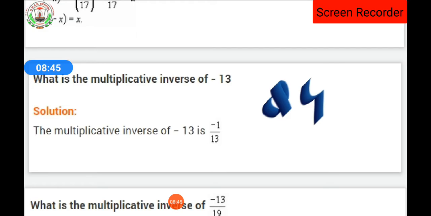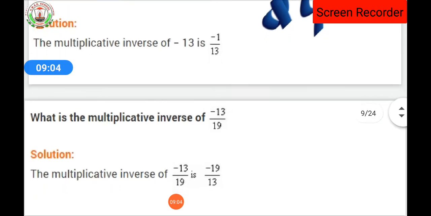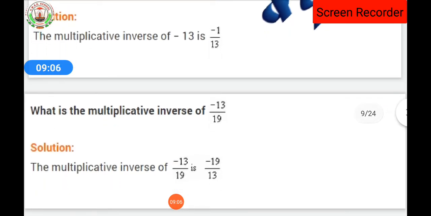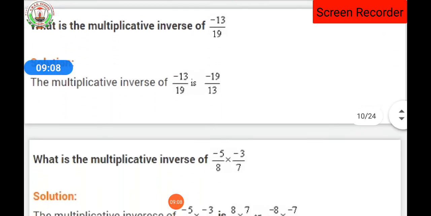That is the reciprocal, and that is also known as the multiplicative inverse property under multiplication. So what is the multiplicative inverse of minus 13? It is minus 1 upon 13. The multiplicative inverse of minus 13 upon 19 will be minus 19 upon 13.